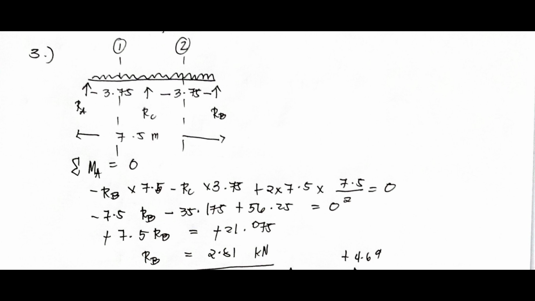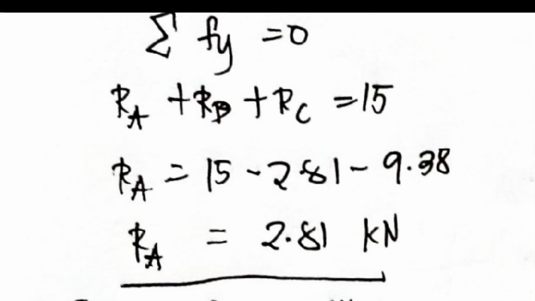So we can get the value of RB, which is 2.81 kN. Next, the summation of vertical forces is equal to 0. RA plus RB plus RC is equal to 15. We have no value for RA, so we find RA. RA is equal to 15 minus 2.81 minus 9.38, the values of RB and RC. So our RA is 2.81 kN.